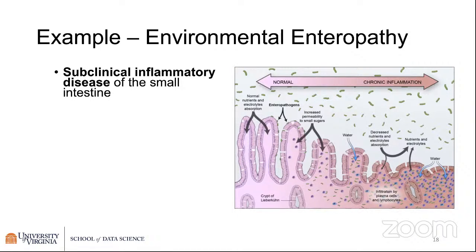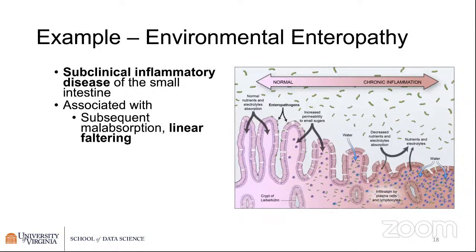So the villi on the left are healthy, and this is a very, very nice design that we have, which allows us in a very small space to have a very, very large surface area for this absorption. And unfortunately, on the right-hand side, because of a number of environmental conditions, it becomes diseased and unable to absorb. So this kind of condition is associated with malabsorption, linear faltering, and stunting.